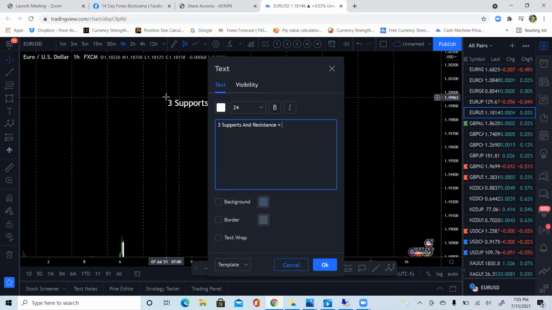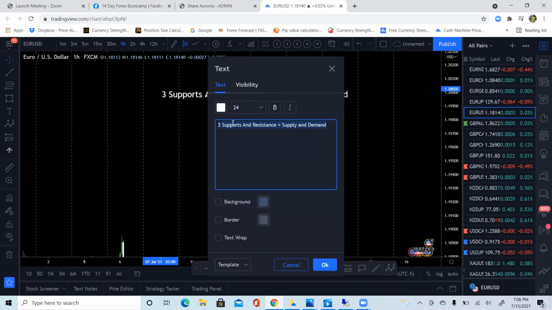A lot of professionals call it supply and demand, with demand being the support and supply being the resistance. Because when there's a higher demand, price goes up. When there's a higher supply, price goes down.